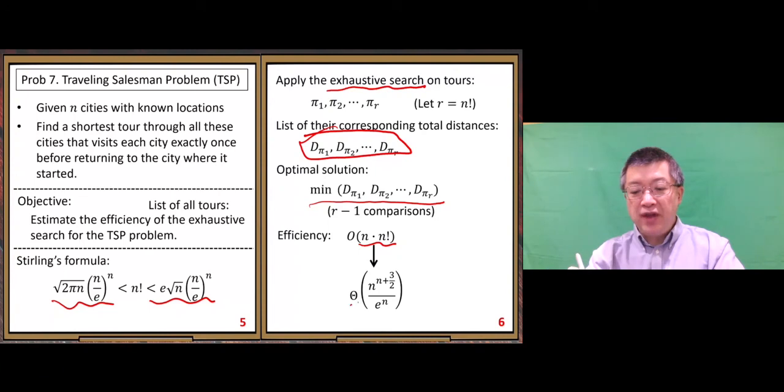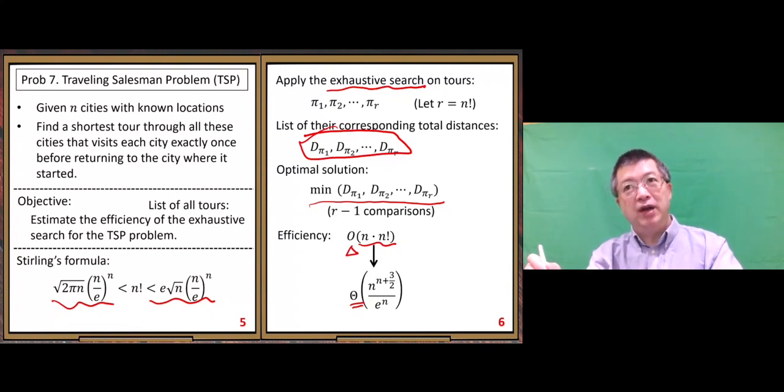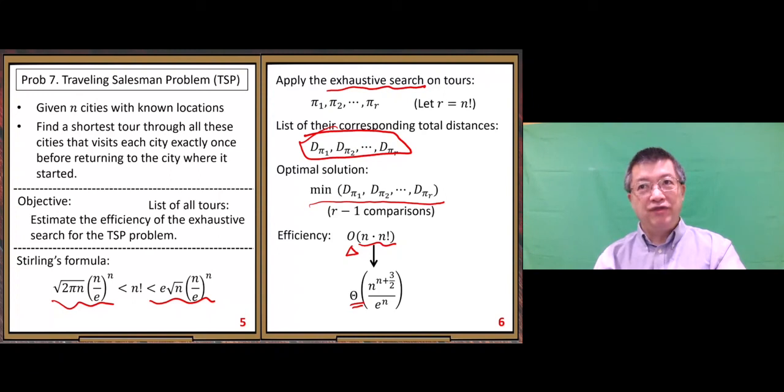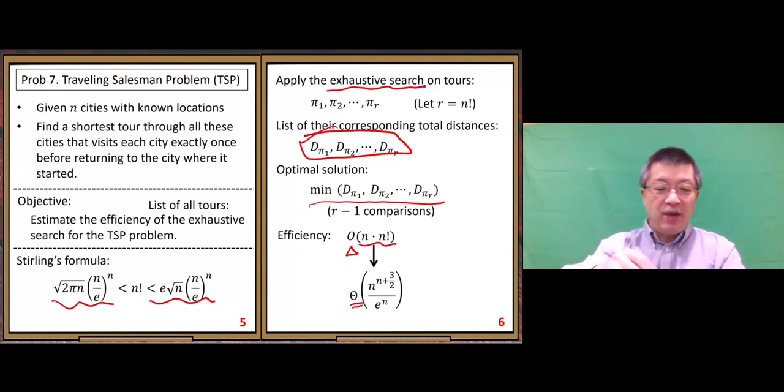We can use big theta, which gives a better estimate than big O, because big O is pretty rough. With big theta, we have a lower bound and upper bound.